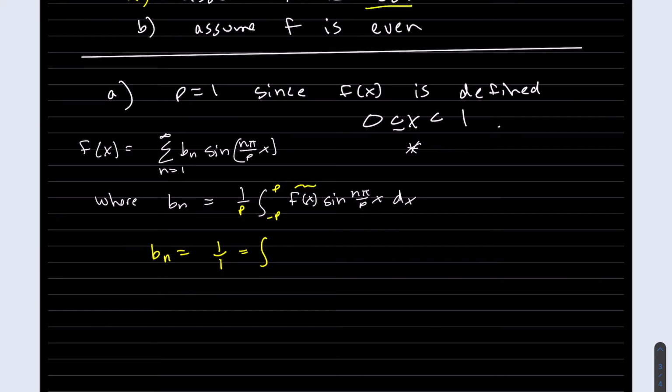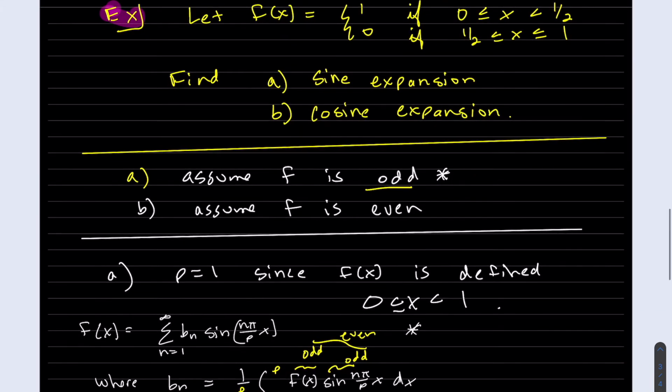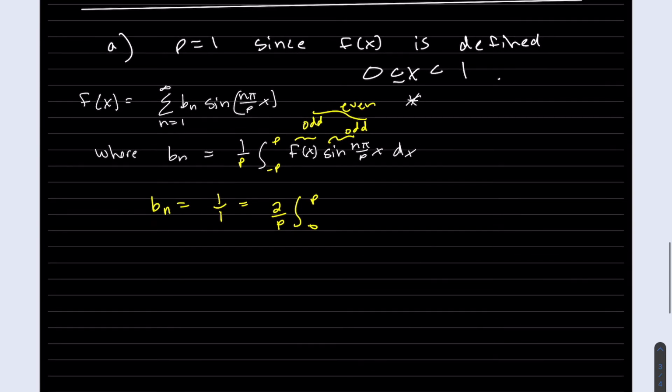So f is odd, this is odd, so the product is even. So we could double it and go from 0 to p. We also have to break up this interval. F of x is 1 on the interval from 0 to 1/2. And p is equal to 1.